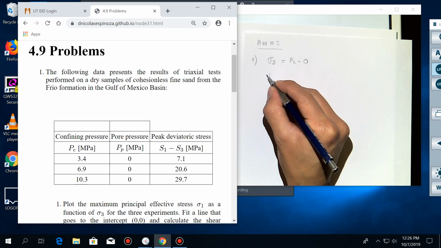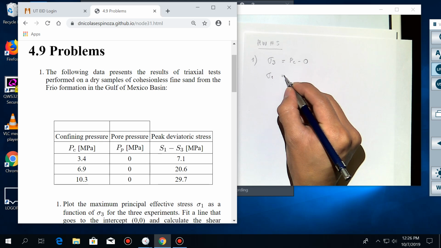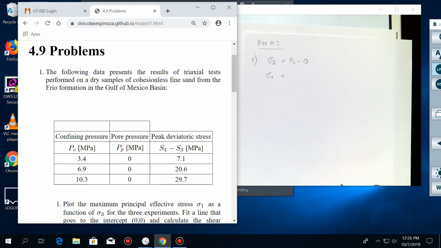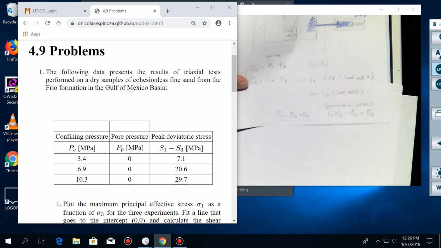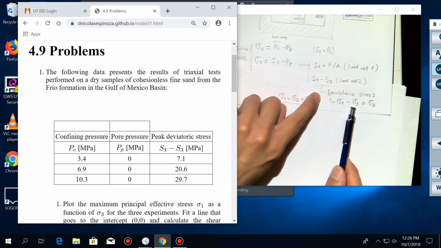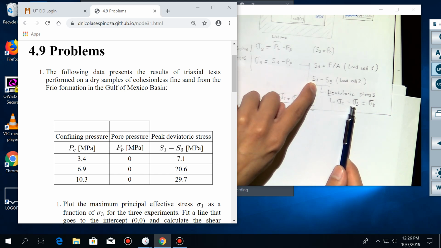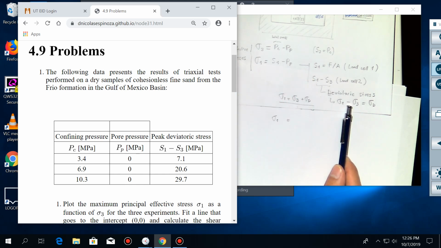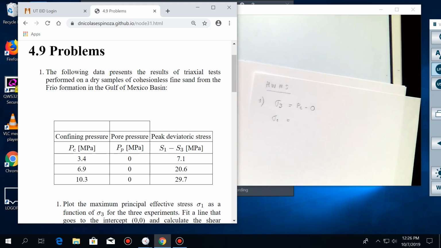And sigma 1, the maximum value, is just going to be, as we saw before, the deviatoric stress plus sigma 3. It doesn't matter what the value of pore pressure is, because it's a difference, so the value still holds.